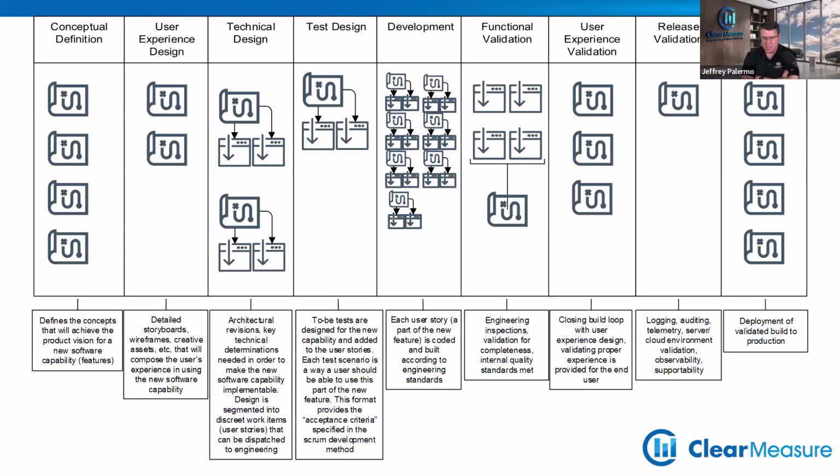Do we have text boxes, drop downs? How is someone going to use this particular feature? And then we have technical design. What libraries, what design patterns are we going to use? Is the current architecture up to snuff for this new feature? And then in test design, we have to enumerate what is in scope and what is out of scope, so that we know how many different pathways through the code need to be tested.